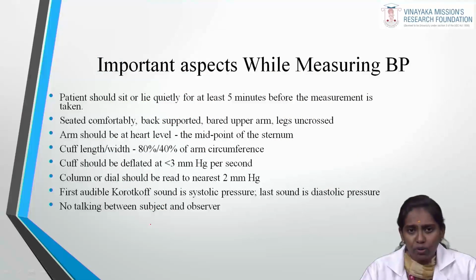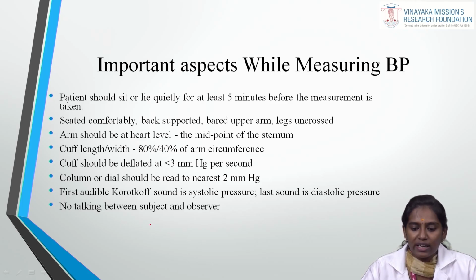Then, what are the important aspects you have to see while measuring BP? These are the things. Patients should sit or lie quietly for at least 5 minutes before the measurement is taken. They should sit comfortably with the back supported, the upper arm bared, and legs uncrossed.